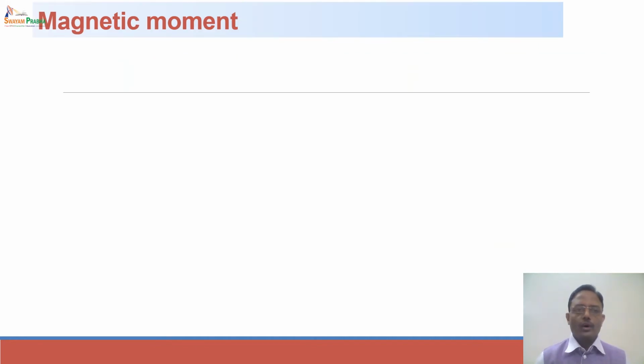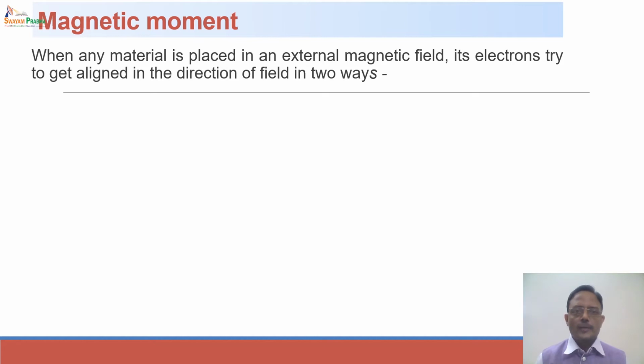Now we have also discussed that the magnetic behavior of a substance is measured in terms of magnetic moment. Now we know that when we place any substance in an external magnetic field, the electrons will try to align in the direction of the magnetic field because the electron behaves as a tiny bar magnet.